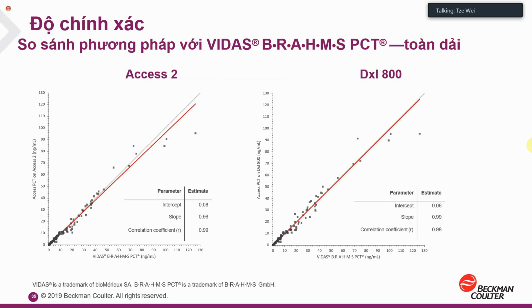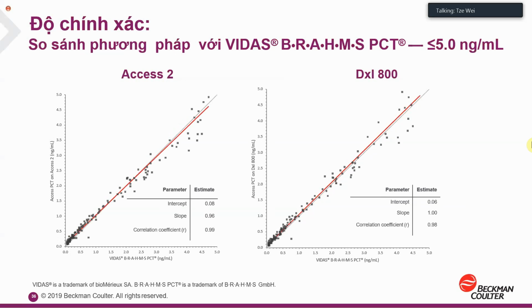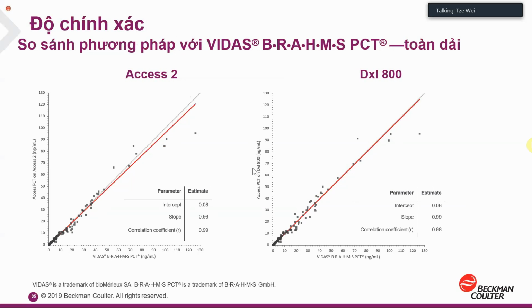So here is the data. I think overall you can see here that the correlation of our PCT assay on XS2 and DXI 800 correlates very well with the VIDAS BRAHMS PCT assay. I think the correlation coefficient is basically almost 1. This is across a variety of PCT concentrations.